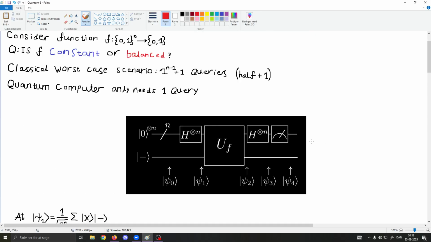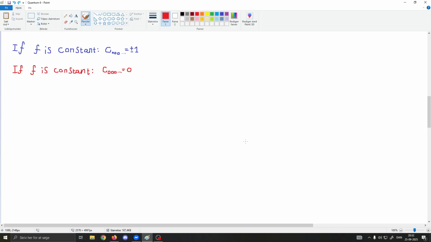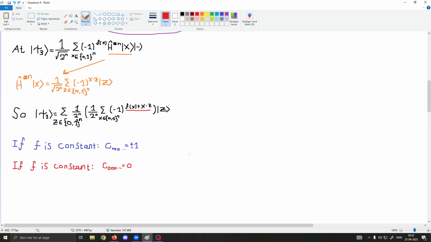Excuse me for a second, I forgot to mention that what we're actually doing here at the end is that we're only measuring the state amplitude corresponding to the state 0, 0, 0, etc. And you can distinguish whether or not the function is constant or, oh my god, what a typo.